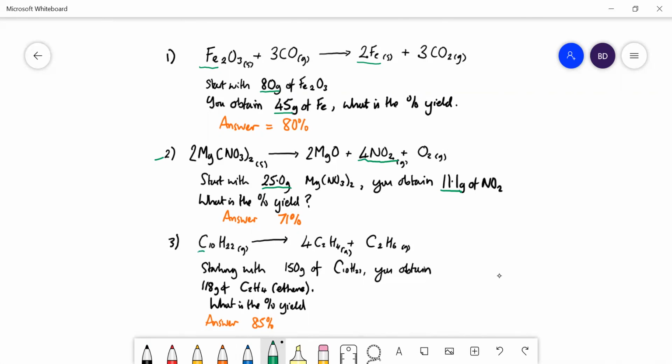You've got a longer hydrocarbon, C10H22, and you break it down into alkenes and an alkane, and you want the alkene as a product. Starting with 150 grams of C10H22, you get 118 grams of ethene, C2H4. What's the percentage yield? So you can check your answers with those.